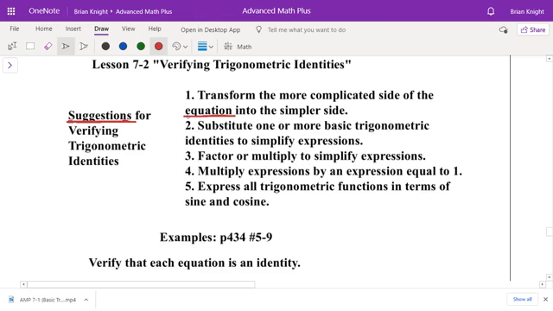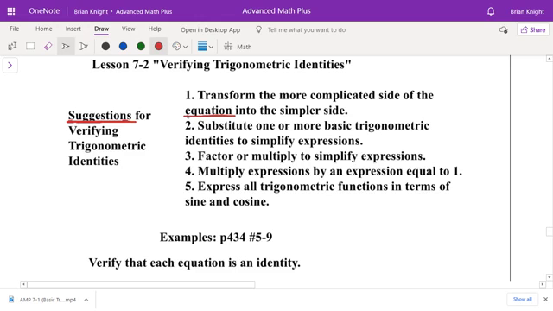Number two, substitute one or more basic trigonometric identities to simplify expressions. That was last chapter. We just simplified the expressions. Number three, factor or multiply to simplify expressions. Remember we took out the greatest common factor? That's what it's talking about. Number four, multiply expressions by an expression equal to 1.